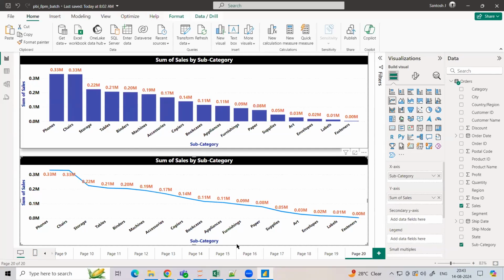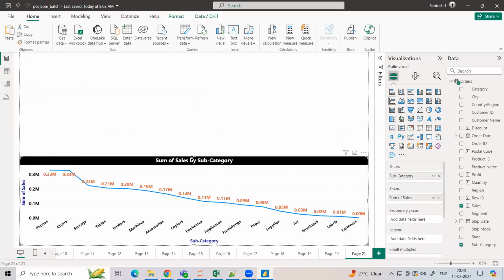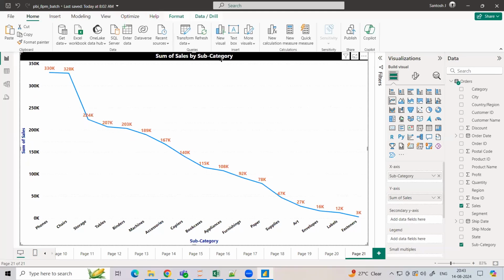Are you with me? Yes. Because we know that a line always gives you some trend analysis, and for the first time we can see that this is actually going down. It is giving a negative impression, right? So in order to tackle that, let's focus on only this chart.